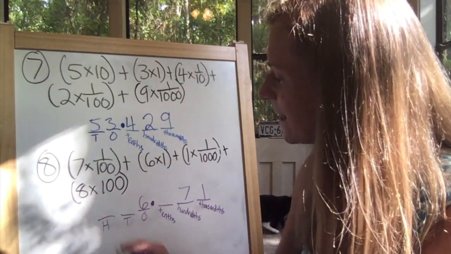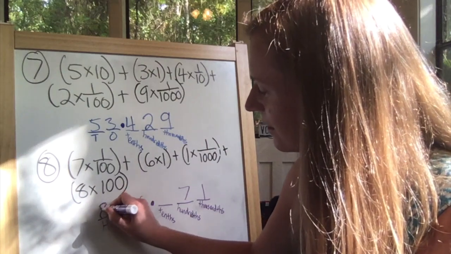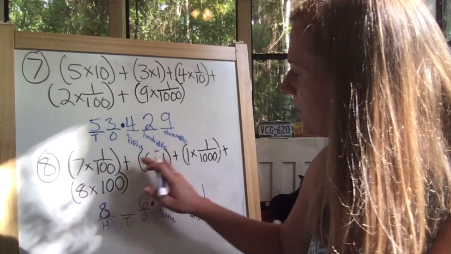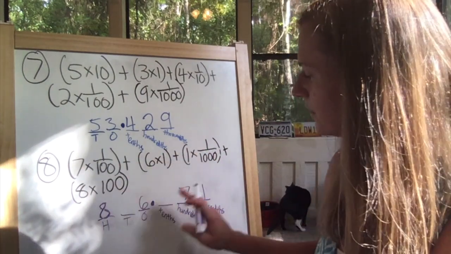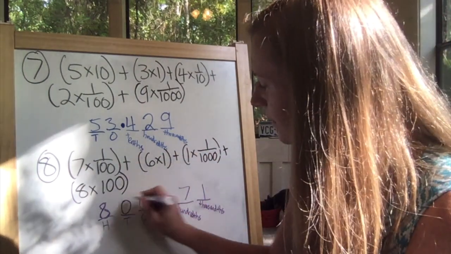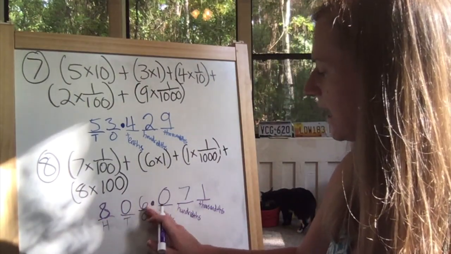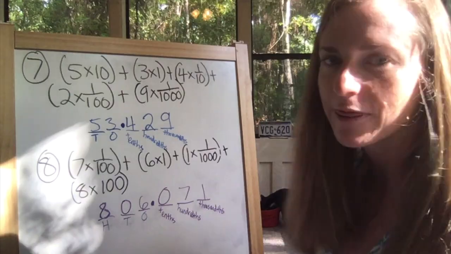And 8 is in the hundreds, that goes there. 1, 2, 3, 4. The rest become zeros. So 806 and 71 thousandths.